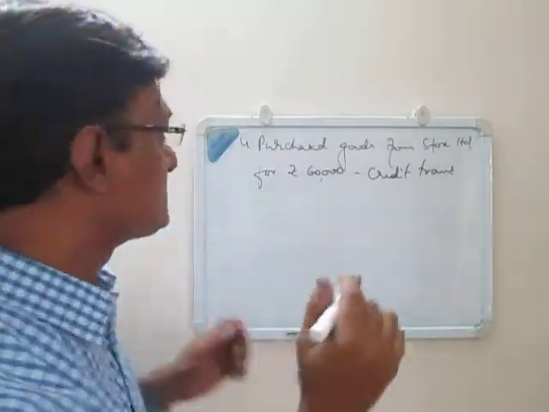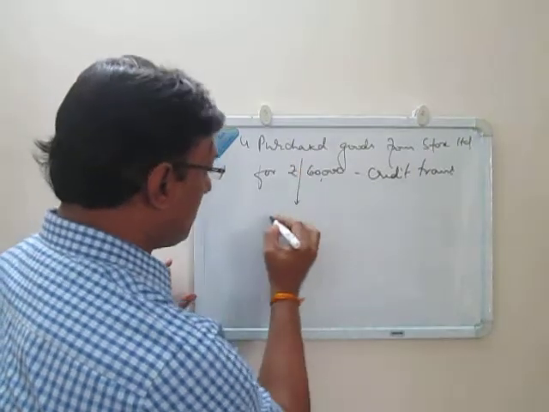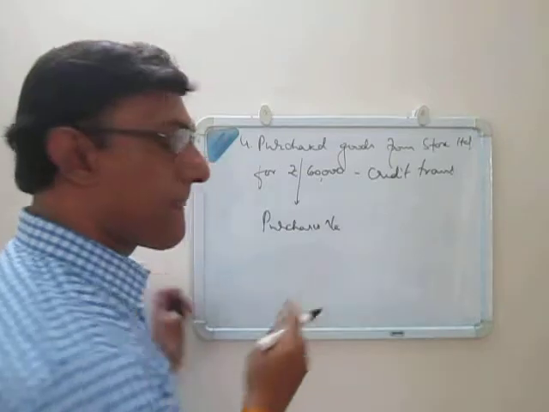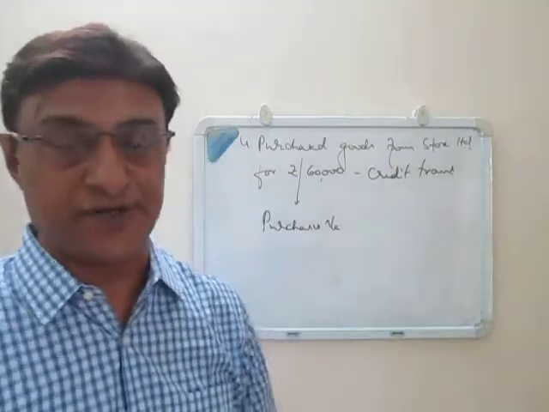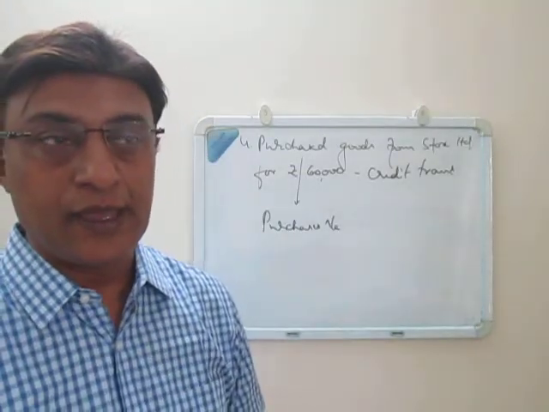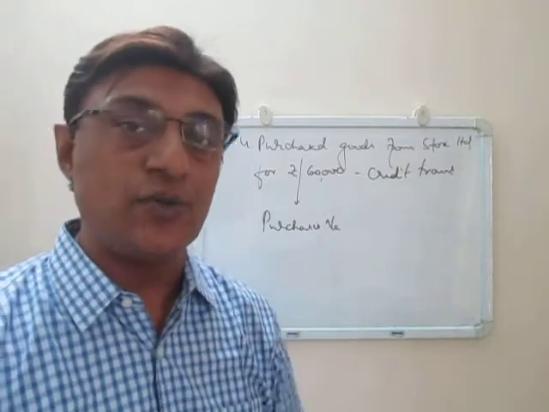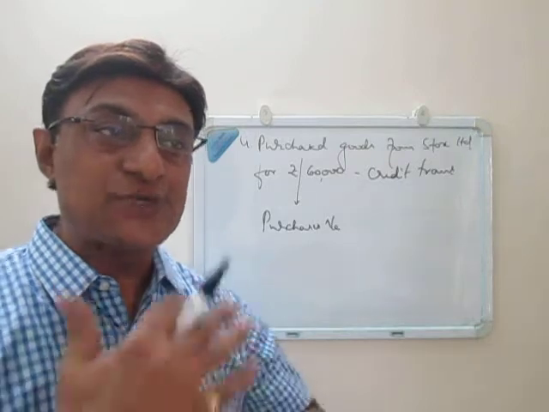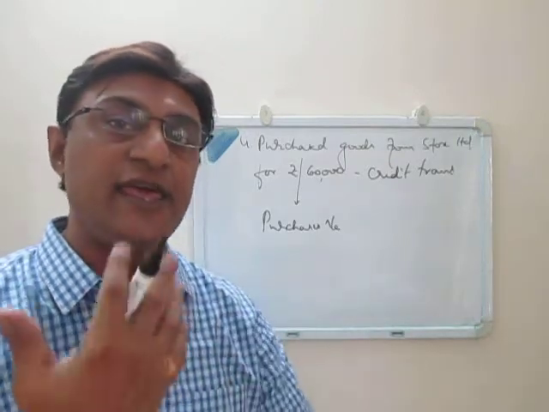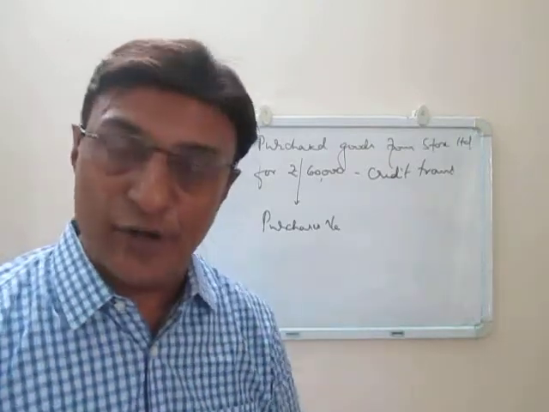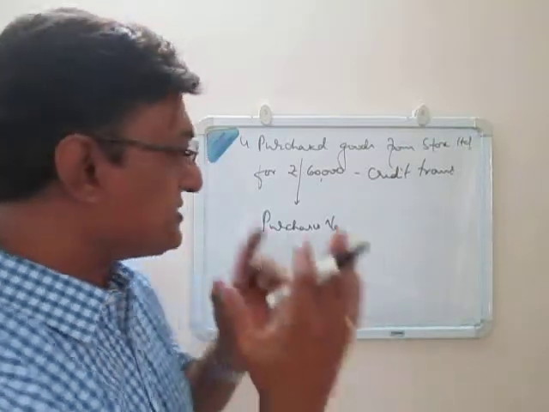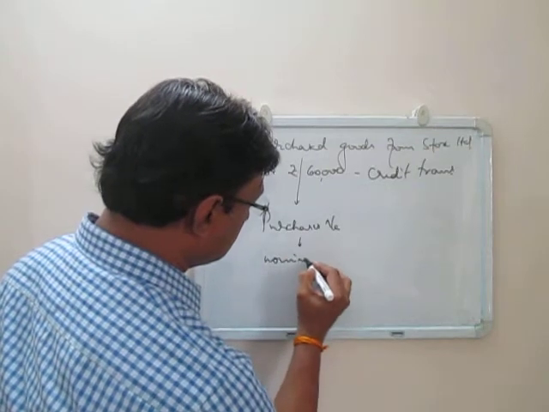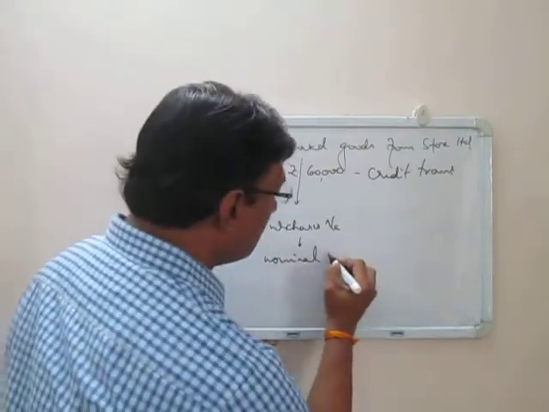Identify the 2 legs. Purchases is one. Purchases account. It is an expenditure. A purchase account is a nominal account because it represents an expenditure. Expenditure and incomes are the ambit of a nominal account. So purchases is a nominal account.